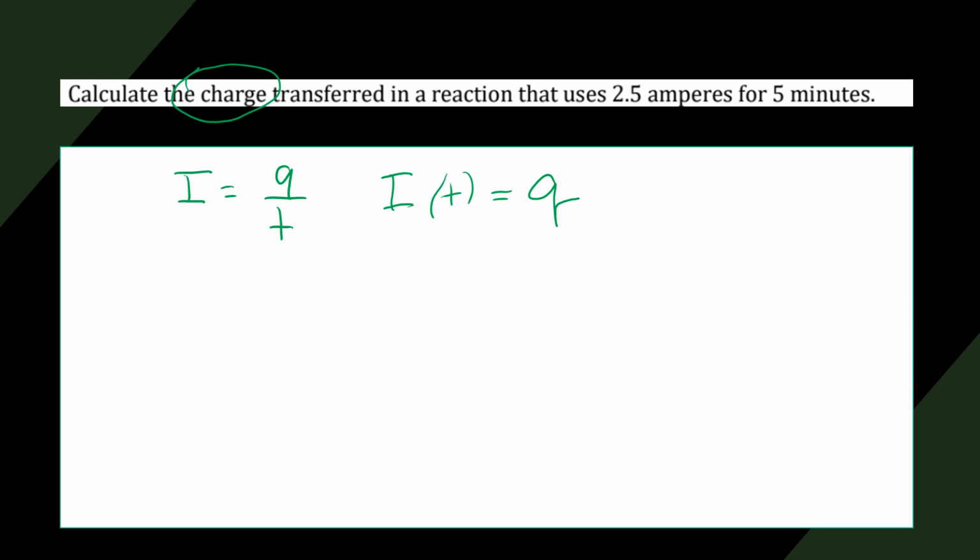So it's going to be 2.5 amperes, or coulombs per second, times my time, which has to be in seconds. So I have 5 minutes.